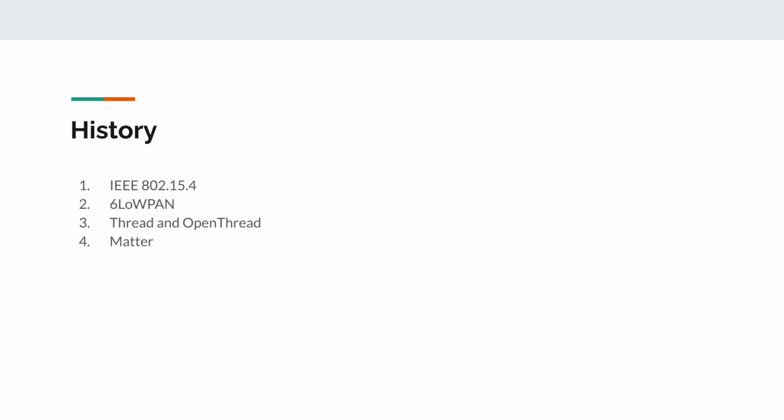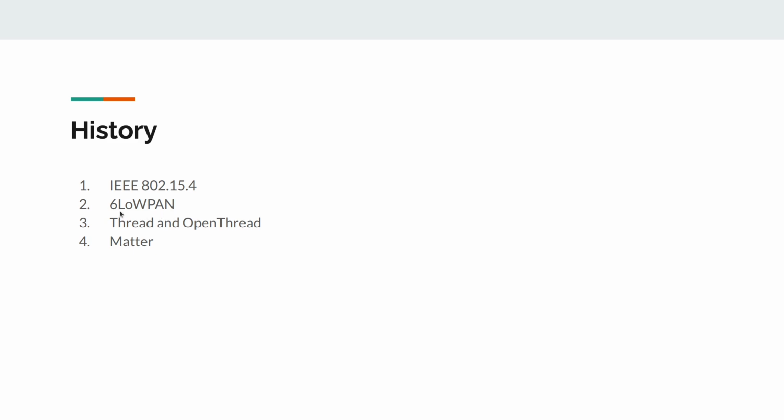So just to recap from the previous episode, IEEE 802.15.4 is the physical and link layer for OpenThread. It's a standard from the IEEE. Then the goal of 6LoWPAN was to enable IPv6 communication over IEEE 802.15.4.